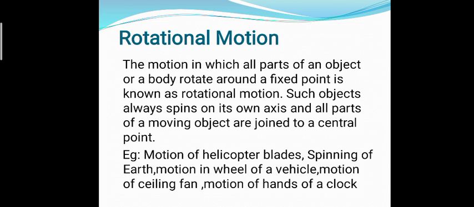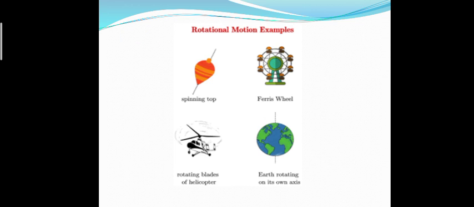Examples are motion of helicopter blades, spinning of earth, motion in wheel of a vehicle, motion of ceiling fan, motion of hands of a clock. You can see the pictures of some objects which are showing rotational motion here. The first picture is showing a spinning top, second is a ferry wheel, third is blades of helicopter, and the fourth one is rotation of earth on its own axis.